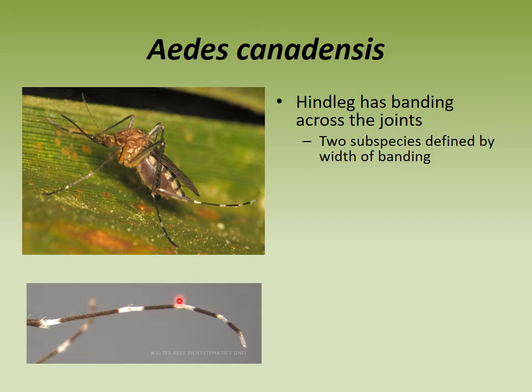So going across the joints. There are two subspecies found with canadensis, and they're both differentiated by the width of these bands. I believe canadensis has the wider, and canadensis mathisoni has the thinner. But usually most of the Hampton Roads area does not differentiate between the two subspecies.